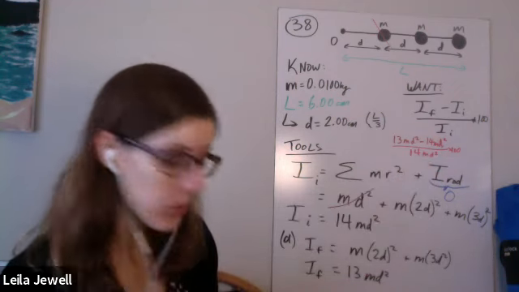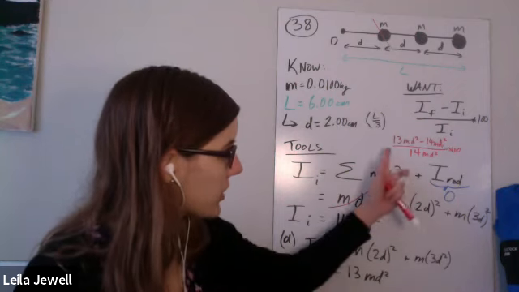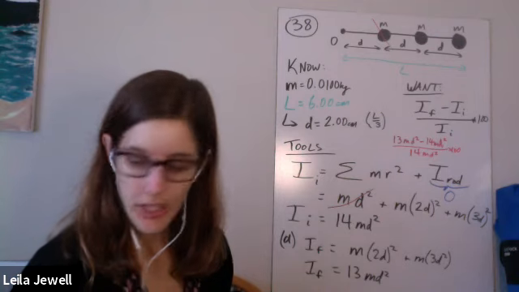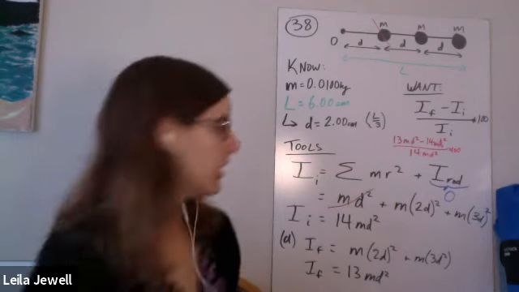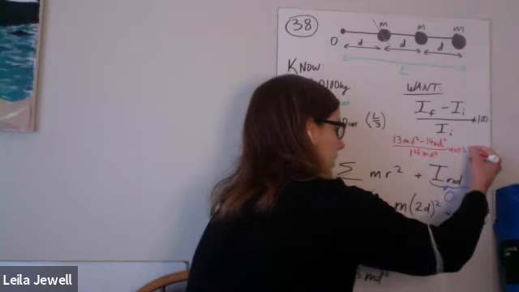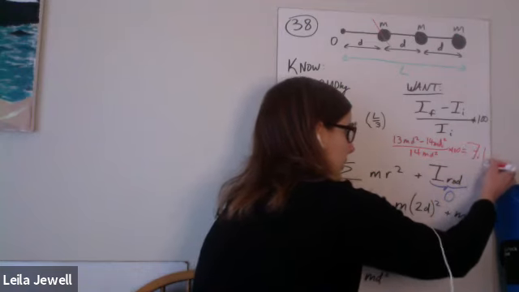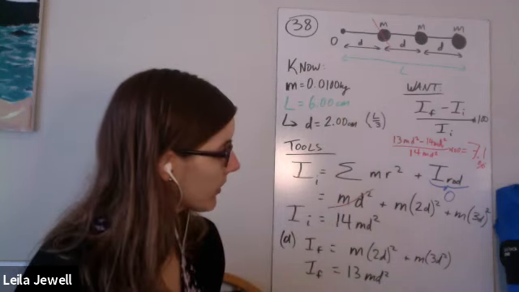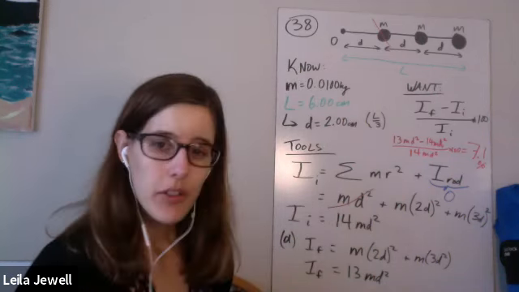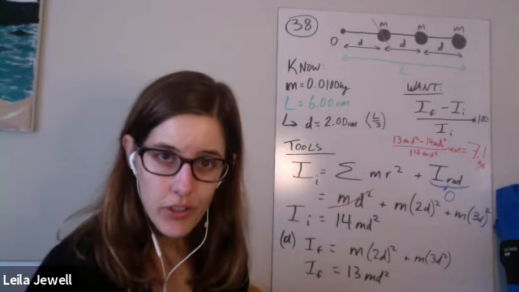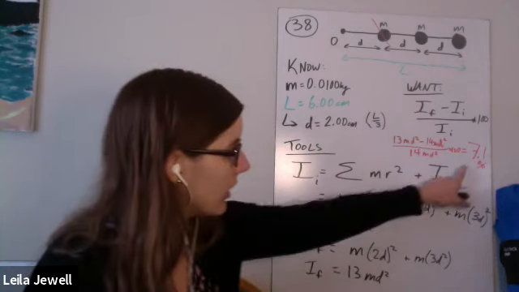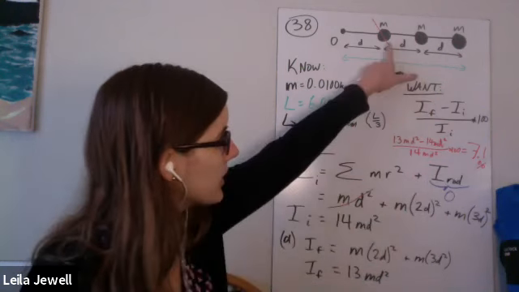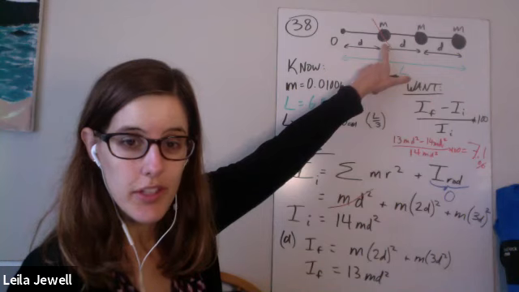So the md squared is actually going to cancel out. We just have 13 minus 14 divided by 14 and times 100. And so when you do that, you should get negative 7.1% for part A. Okay, so even though we took away a third of the mass, 33%, we only lost 7% of the rotational inertia because this innermost one was hardly contributing to the rotational inertia.